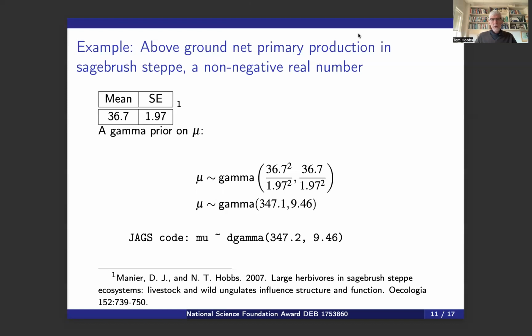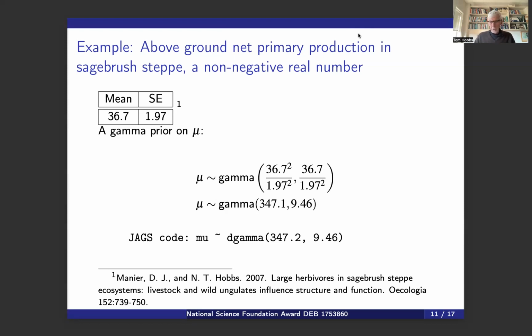So here's an example using above-ground net primary production in sagebrush steppe, a non-negative real number. The mean was 36.7, and the standard error, that is the standard deviation of the distribution of the sample mean, was 1.97. So the distribution of mu is then gamma of alpha squared over beta squared, comma, alpha over beta squared.